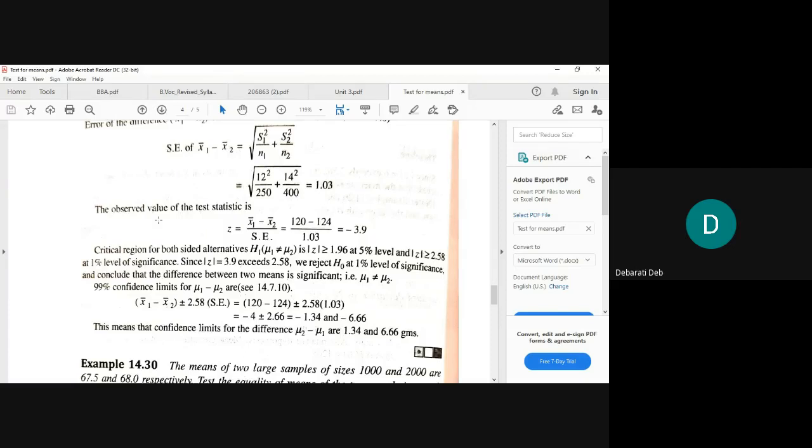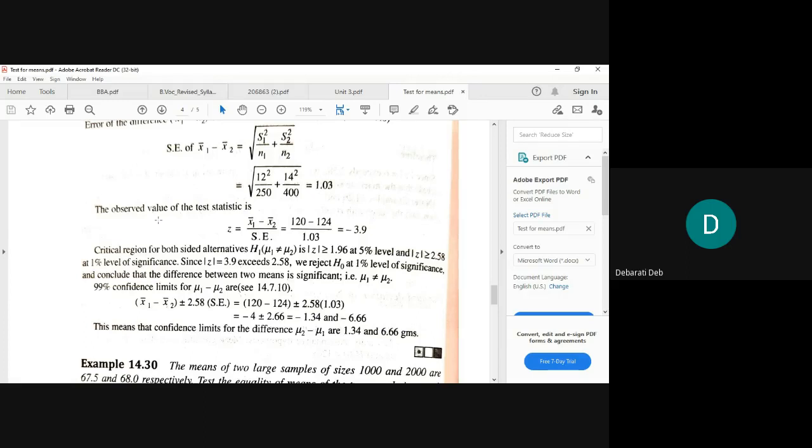Whenever we are doing the test of equality of two means or two proportions, or even a single mean and single proportion, but your null is equals to and alternative is not equals to, then you have to ignore the minus sign in the Z statistic if you get any, because here we don't take Z only, but we take mod of Z. Mod of Z we take, okay?